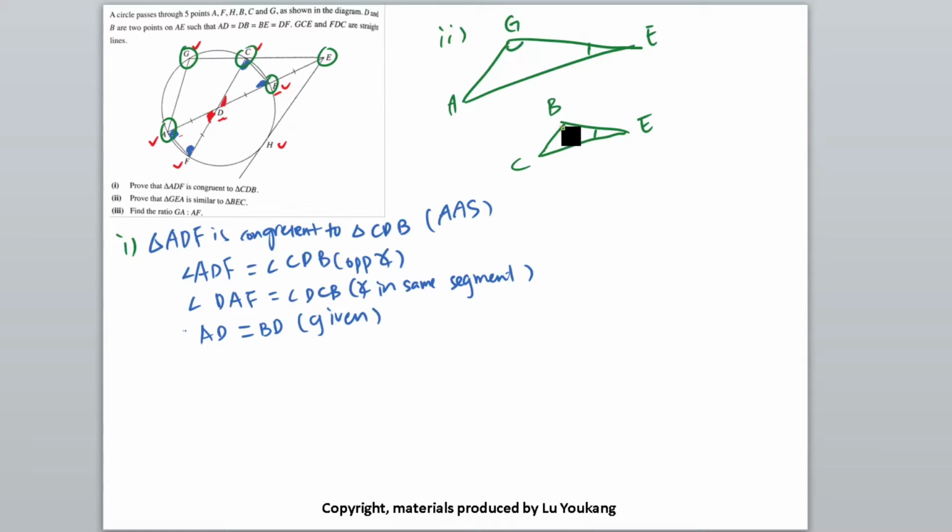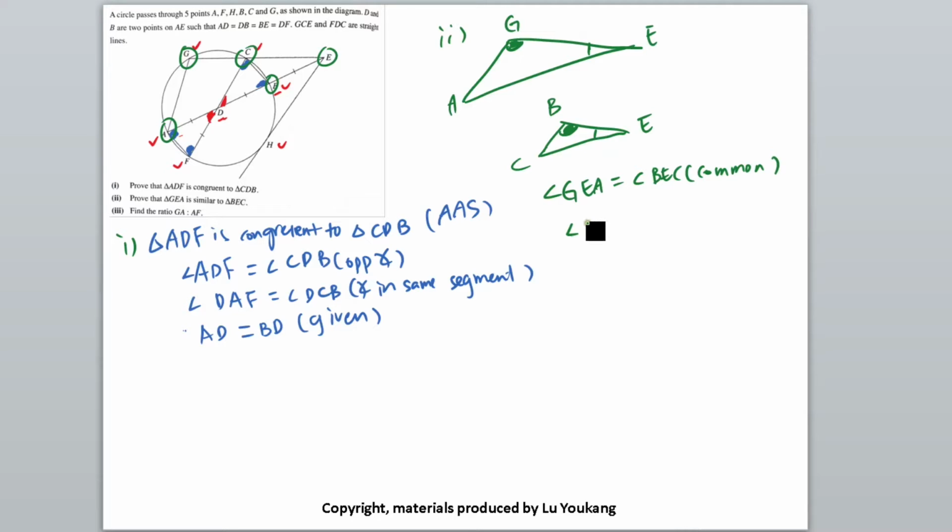What I'm going to do is prove my angle AGE is equal to my angle CBE. Angle GEA is equal to angle BEC, and this angle is common, like I said just now.